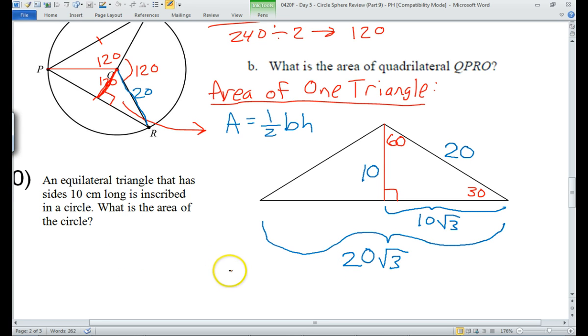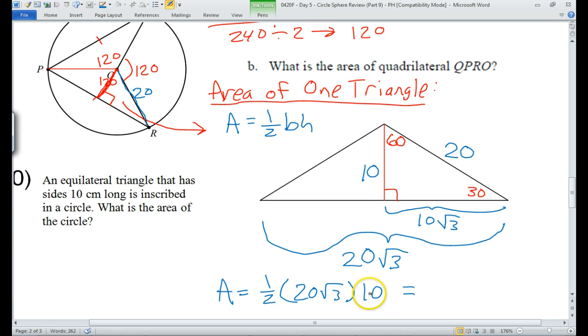So if I want to find the area, it's going to be 1/2 base times height, which in this case is 1/2 times 20 radical 3 times 10. Now, if you type all this in your calculator, it's going to give you a decimal right away. And we don't want that. So the way to avoid getting a decimal right away is just to save the radical 3 and put that off to the side. So in your calculator, you could just do 1/2 times 20 times 10.